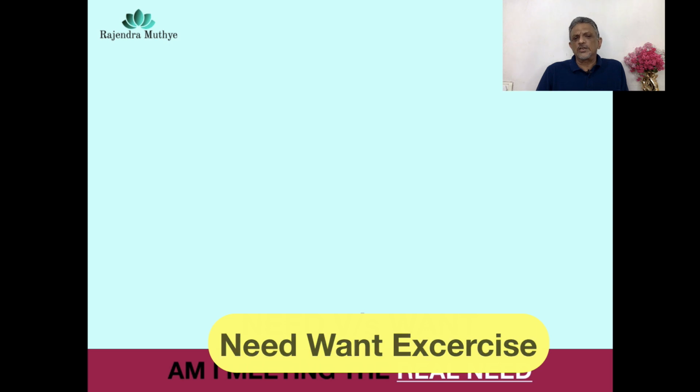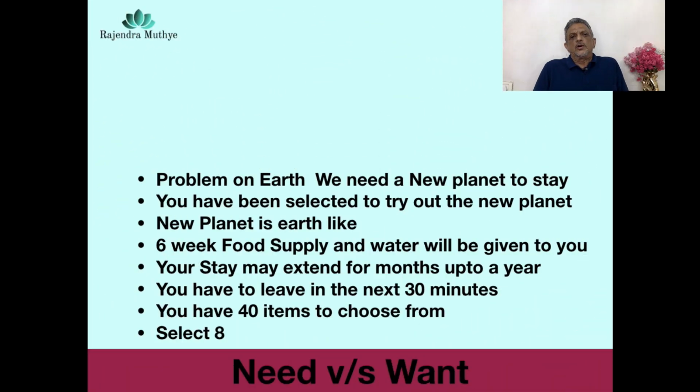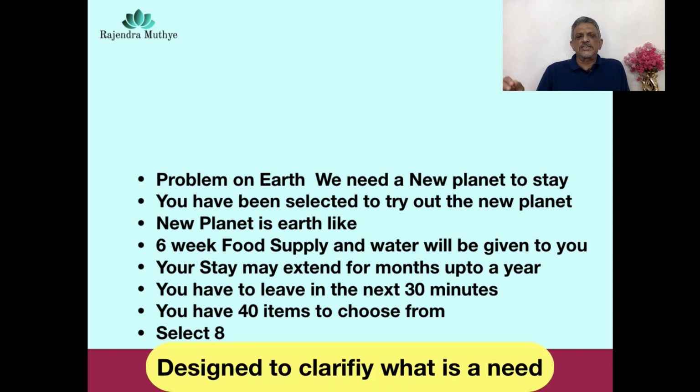What is a need and what is a want? So this pandemic that we have gone through has created problems for us. It is a major problem, and we need a new planet to stay. Okay. Now this is a hypothetical situation and an exercise that you need to know. It is designed clearly to describe what is a need and what is a want.